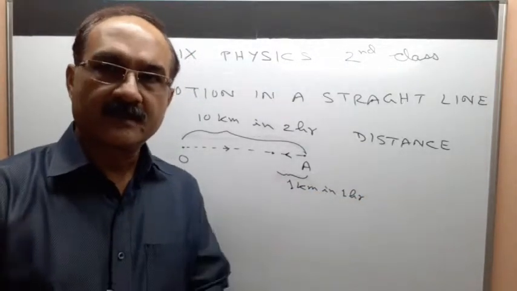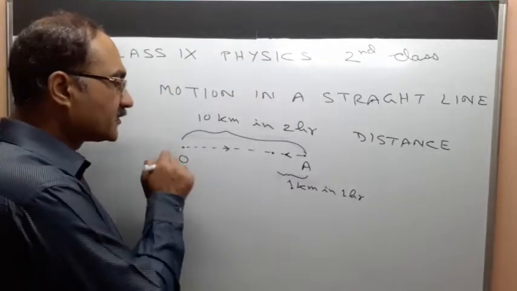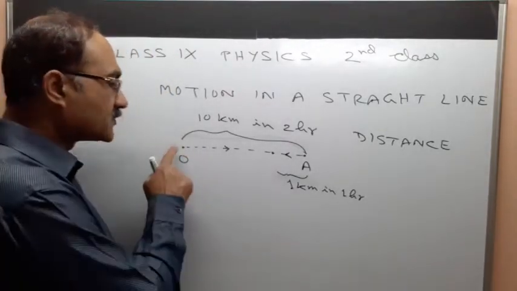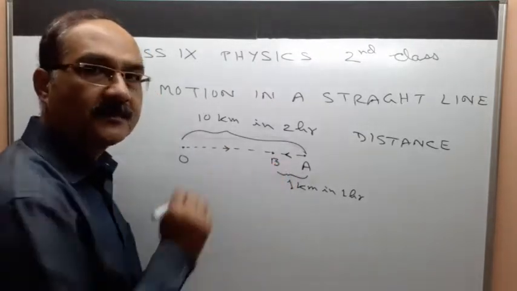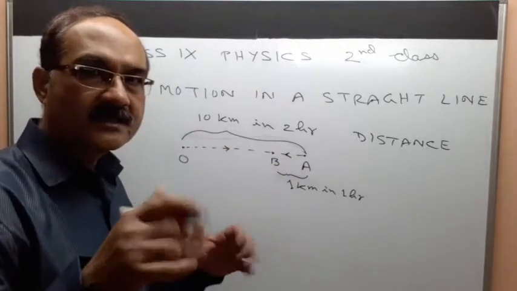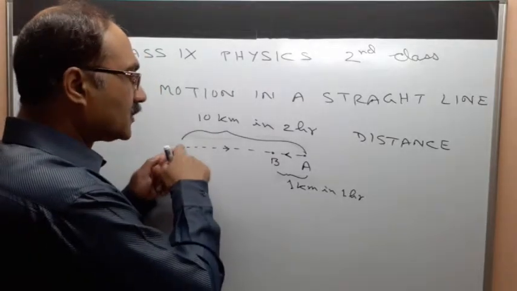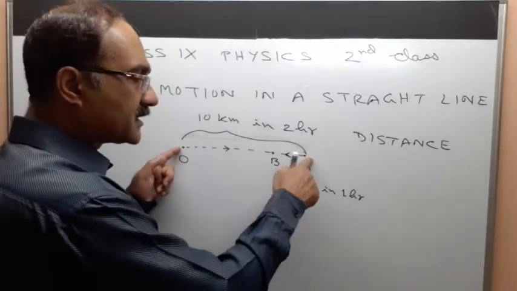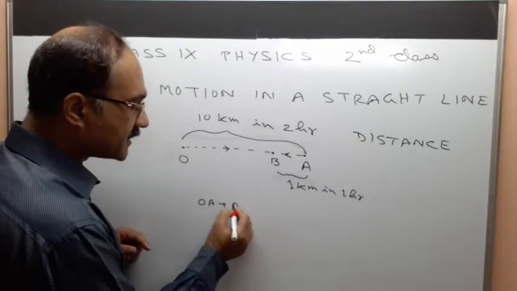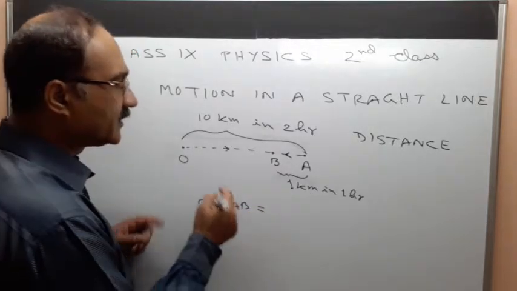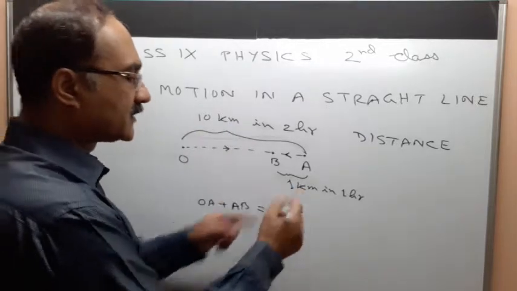Okay? Then we say the initial position of the body is O. The final position of the body is B. And the distance traveled by the body is OA plus AB. So this will be 10 kilometers plus 1 kilometer.